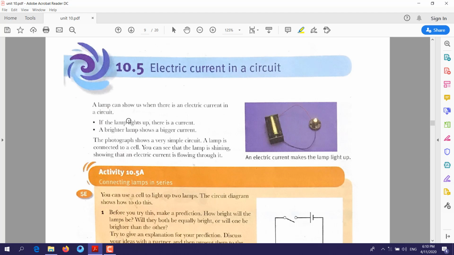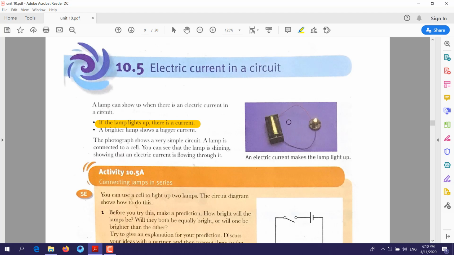10.5 is about how we know there is electric current in an electric circuit. Let's take this example, the simplest example that shows if there is electric current in an electric circuit. Firstly, if the lamp lights up, there is a current.